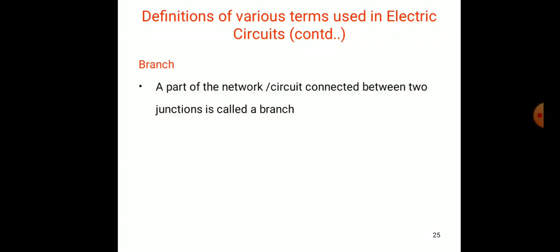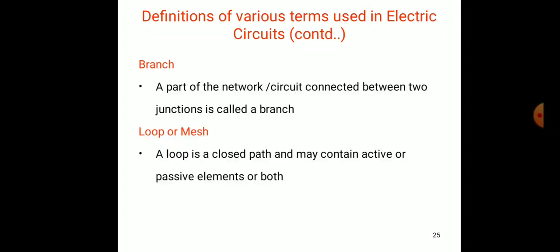A branch is a part of the network or circuit connected between two junctions. You can simply say a branch is a part of the circuit connected in between two junctions or two nodes. You can also say loop or mesh.